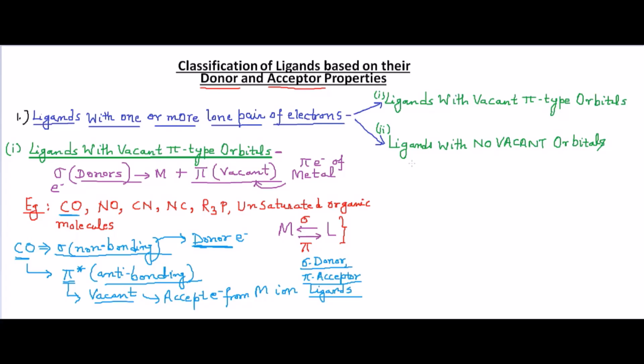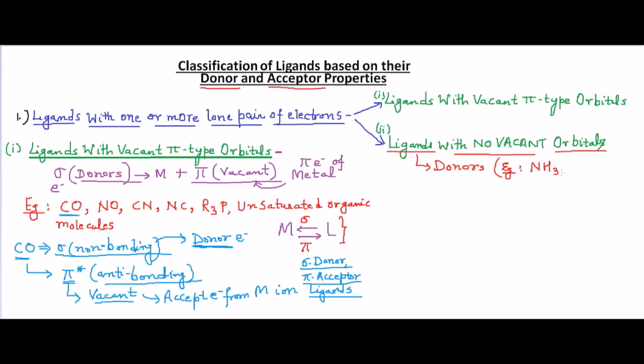Okay, then the next subcategory is the ligands with no vacant orbitals. So these are the normal general ligands which do not have any vacant orbitals to receive any of the electrons from the metal ions. That means they are simply the donors, right? They contain the donor electrons, and examples are the normal simple ligands that we had seen as the unidentate also.